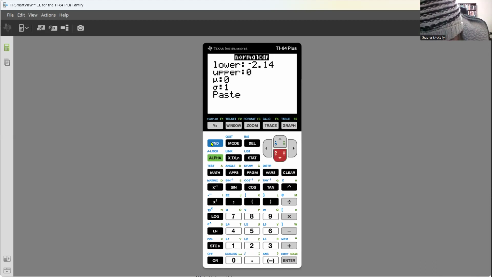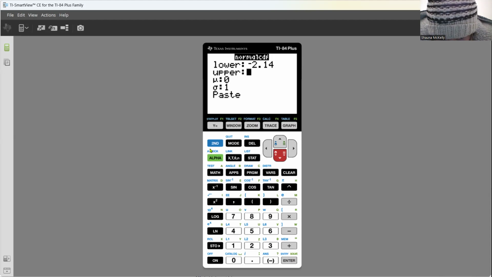So I go second. Now to get infinity, you have a couple of E's on your calculator. There's an EE here above the comma. There's a letter E here above the sign. You want the EE key above the comma. That's what you want.